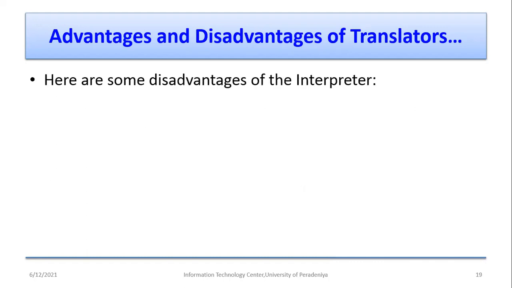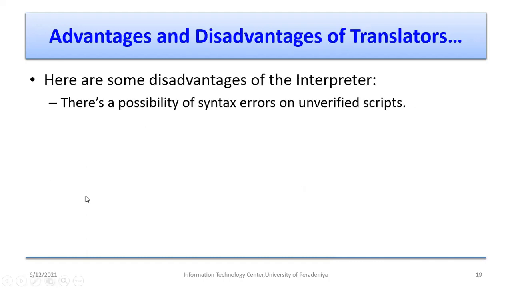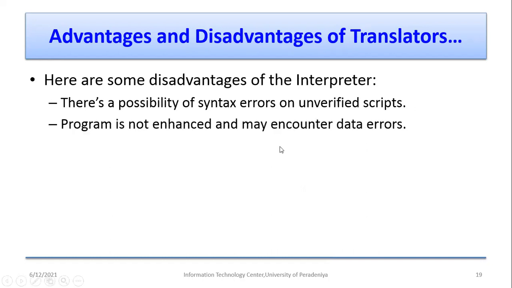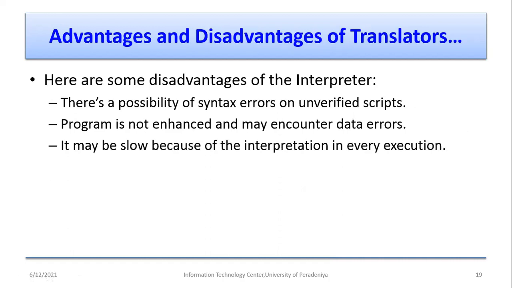So what are the disadvantages of the interpreter? There is a possibility of syntax errors on unverified scripts. The program is not enhanced and may encounter data errors, because it takes line by line and completes it.